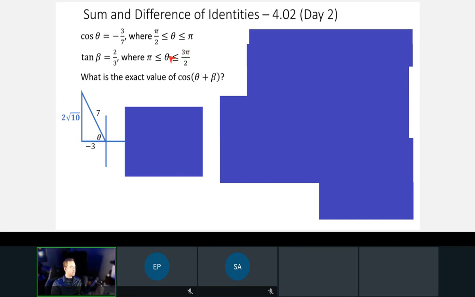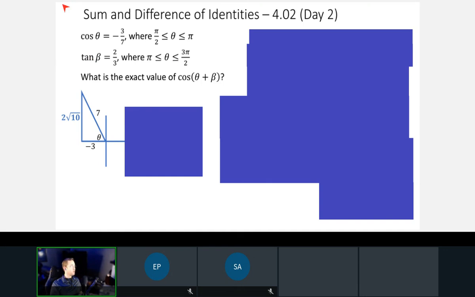This is telling us it's greater than 180 degrees, but less than 270 degrees. Math is hard right now. Yeah, okay, 270. So this tells us we are in quadrant number 3.